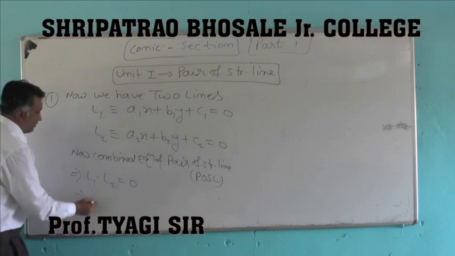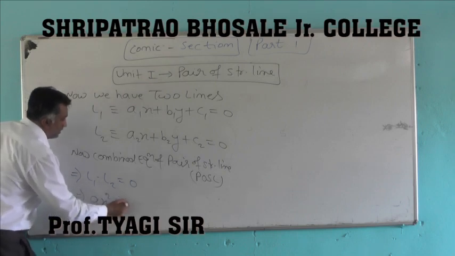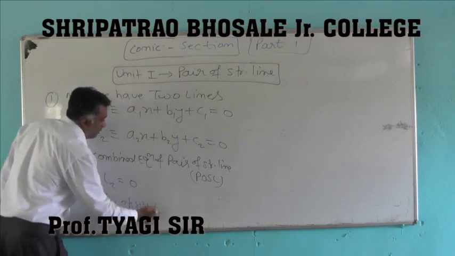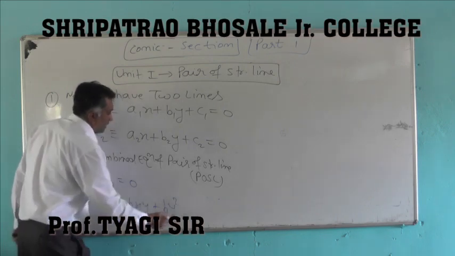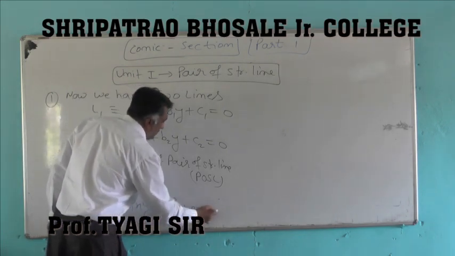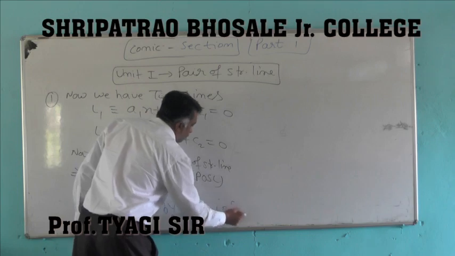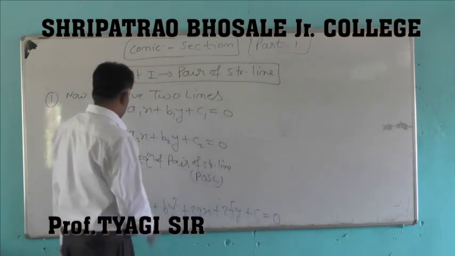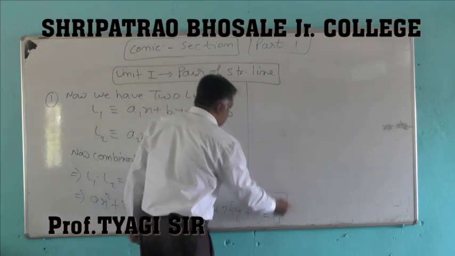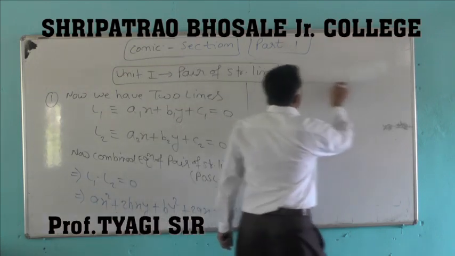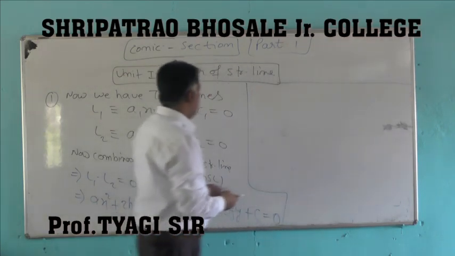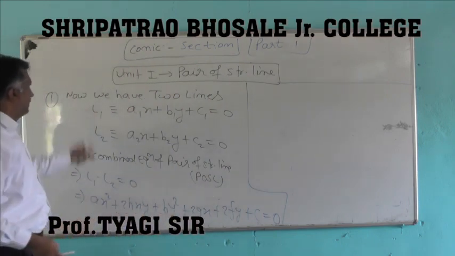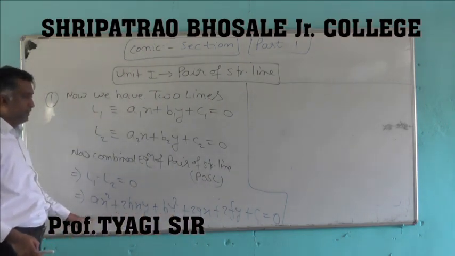Then we will get ax square plus 2hxy plus by square plus 2gx plus 2fy plus c equal to 0. It is pair of straight lines.